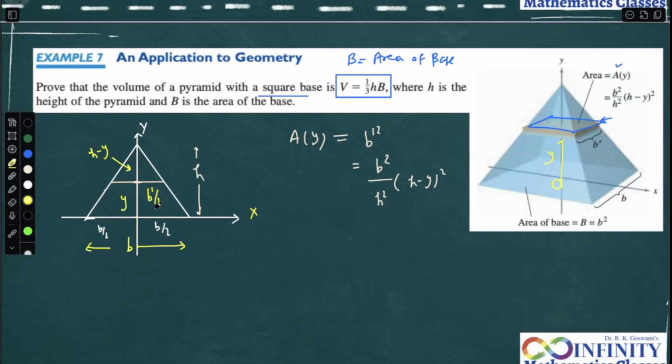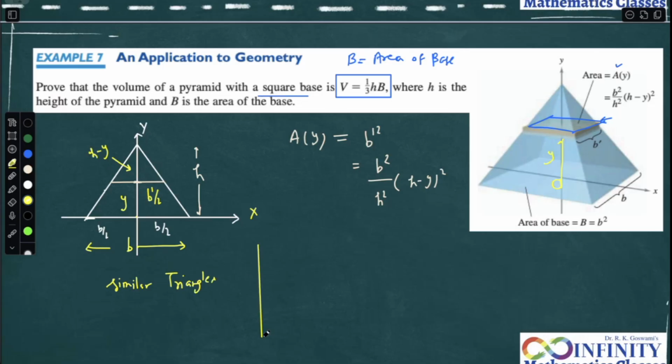Any doubt? No doubt. If no doubts are there, you just look at this figure again. It is a triangle, and then there is one more side which is parallel to the base. Don't you think they are forming a similar triangle? Let me show you once more.